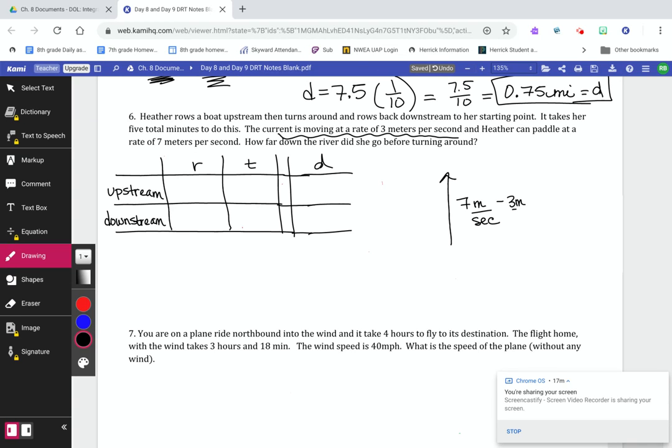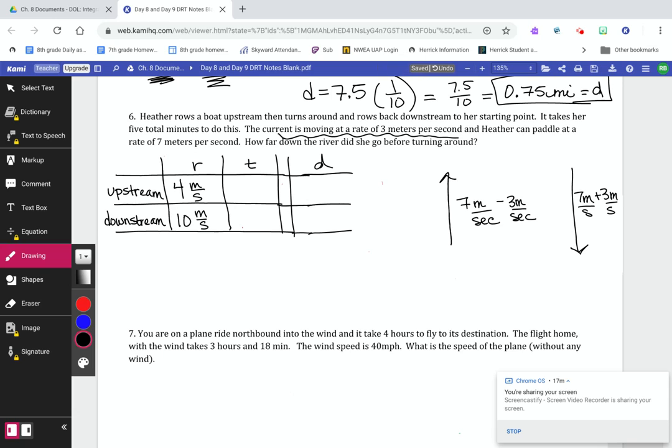So truly her rate when she's going upstream would be 7 minus 3, which gives her a rate of 4 meters per second. And then when she goes downstream, she's paddling at 7 meters per second, but she's got the current going with her. So it's actually pushing her 3 meters per second faster. So now downstream rate would be 10 meters per second.